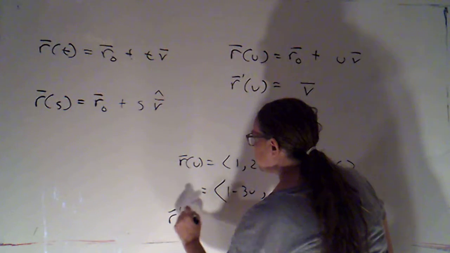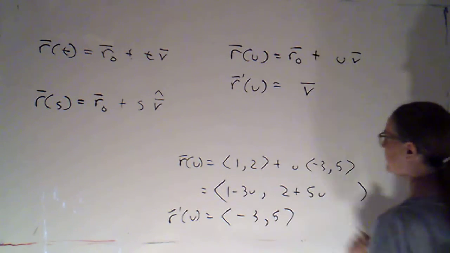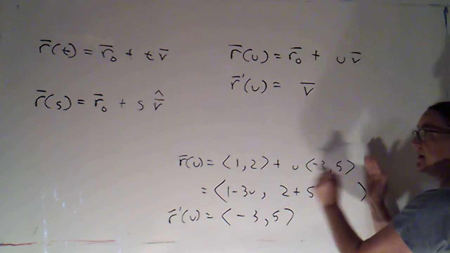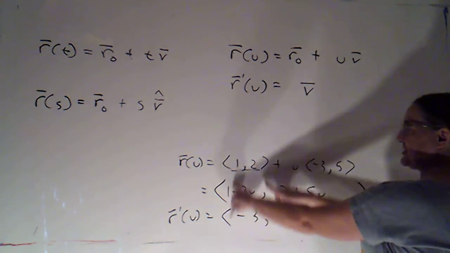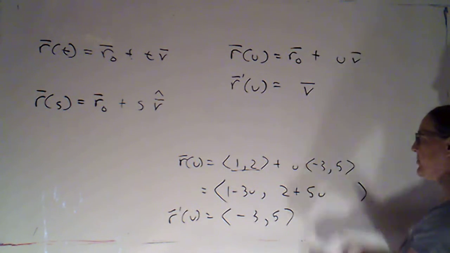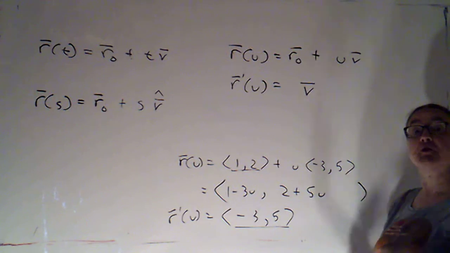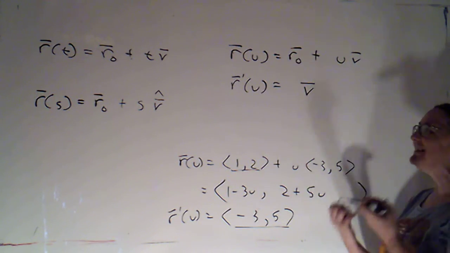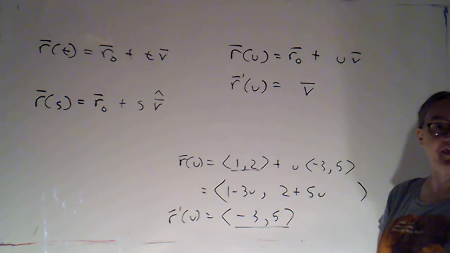And when I take the derivative, you can see I'm just getting -3, 5. This didn't contribute anything, because when I took the derivatives of those constant components, I just got 0. This contributed exactly itself. So the derivative of a linear function is just the direction vector for that function.